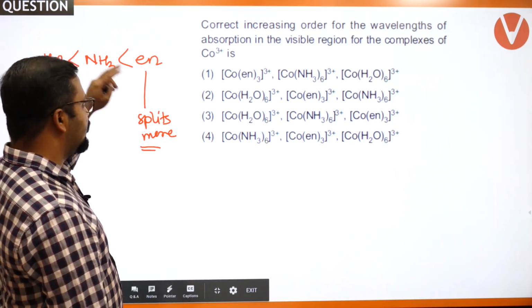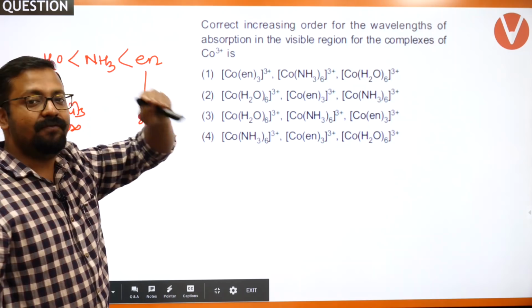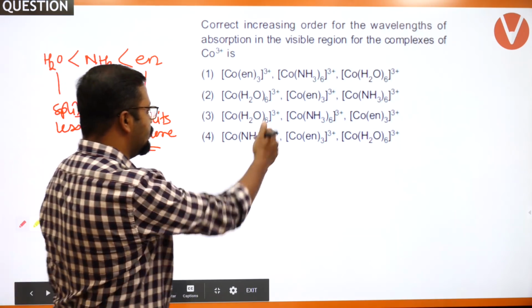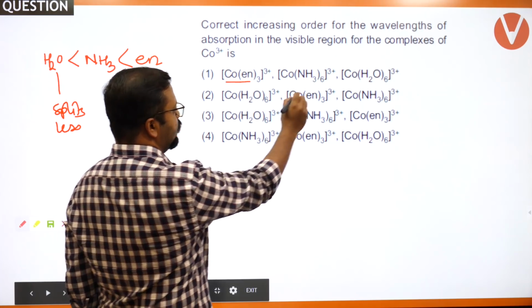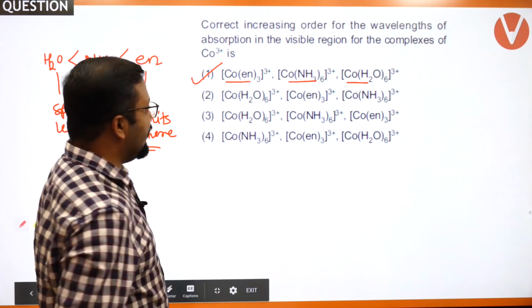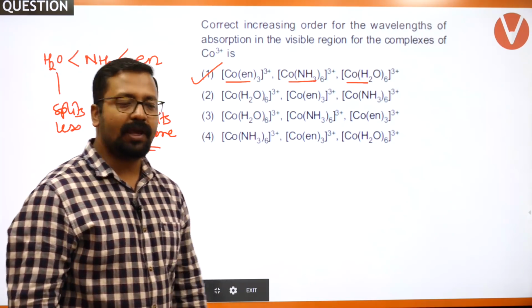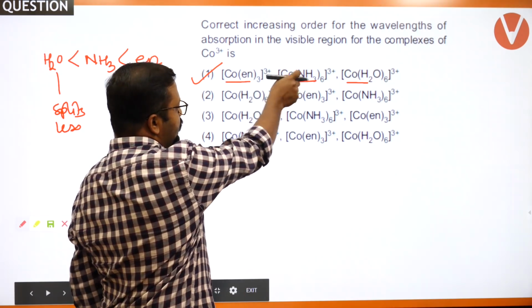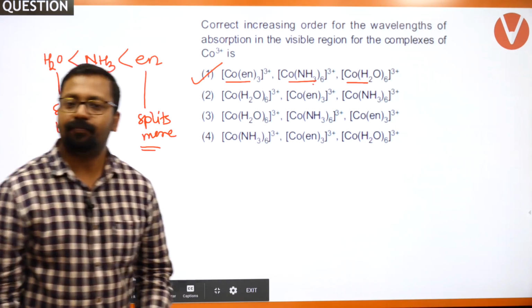More energy required for transition, wavelength required for performing that transition will be less. So least will be this, followed by this, followed by this. The right answer, increasing order, will be this. Okay, wavelength will have this order, energy will be opposite.